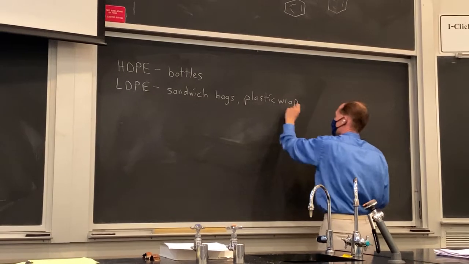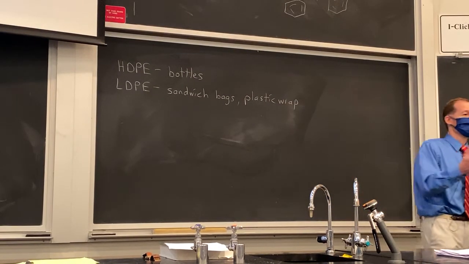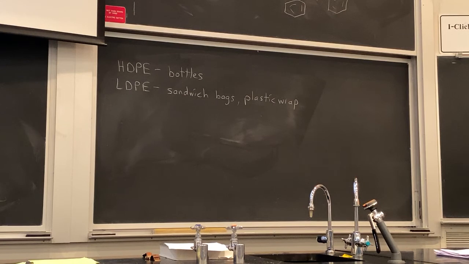So there's a big difference in your sandwich bags, soft and pliable, you can rip them pretty easily, versus your water bottles, hard, rigid. You pour the material into it, and the substance you pour in takes the shape of the bottle as opposed to vice versa. And that is completely due to the differences in van der Waals forces between the linear chains versus the branched chains. Any questions?